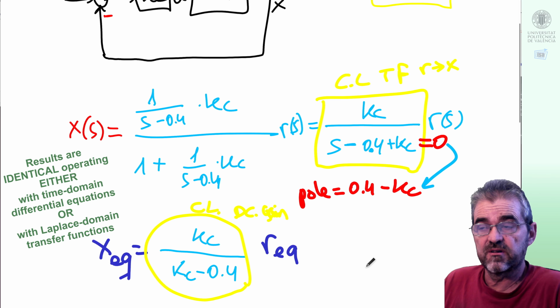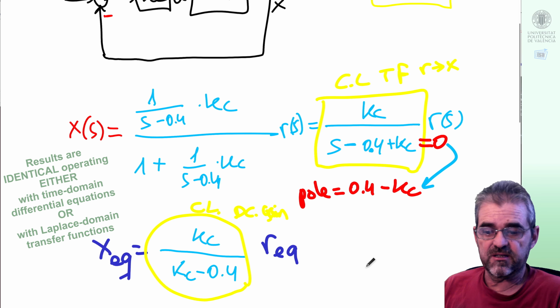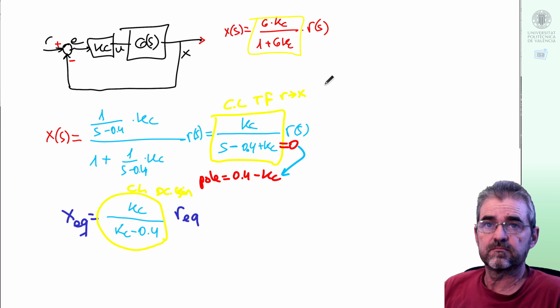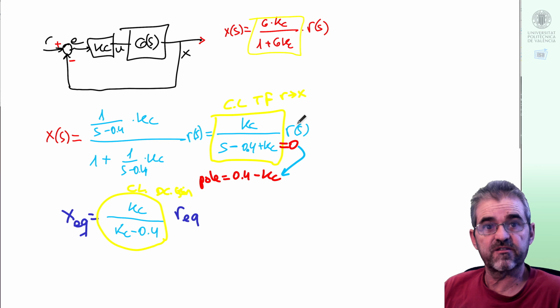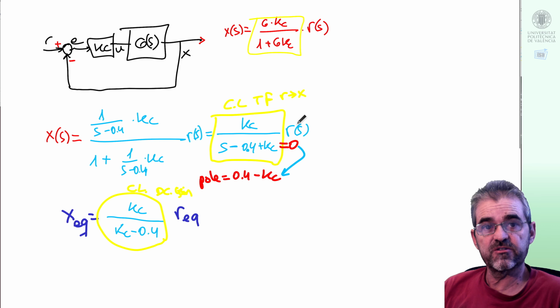So as I said, in single input, single output control, we start teaching Laplace transform and these kinds of manipulations with block diagrams and transfer functions. But in multivariable setups, we tend to prefer state space representations for numerical reasons, and to manipulate matrices of constant numbers instead of matrices of transfer functions.